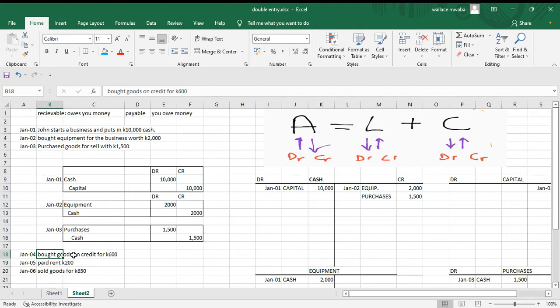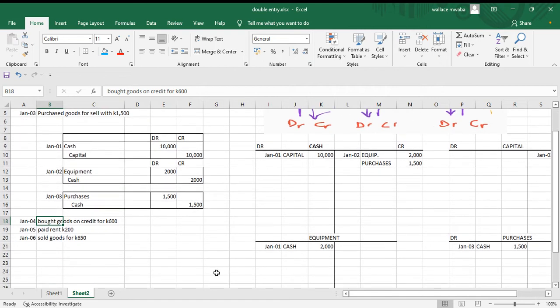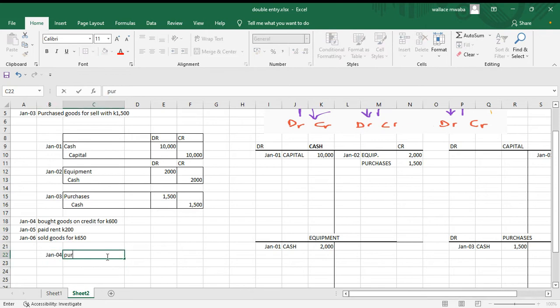And then since we bought goods, we have acquired an asset in the form of purchases, and an increase in assets is debited. So we'll debit the purchases account, because purchases is an asset and an increase in an asset is debited.